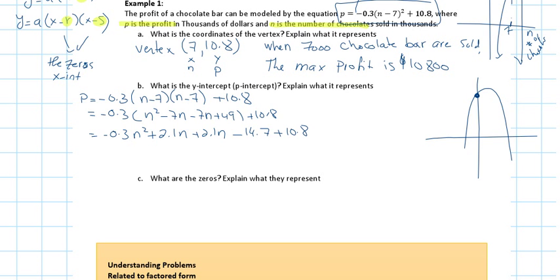So I distribute the negative 0.3 in. I multiply the negative 0.3 by each term. And now I collect like terms.